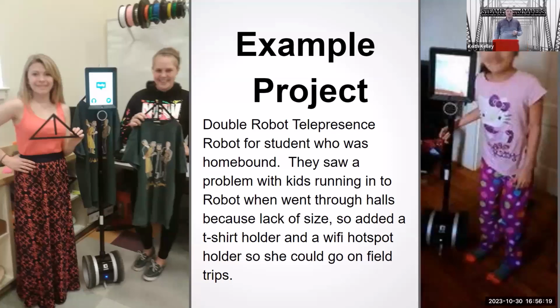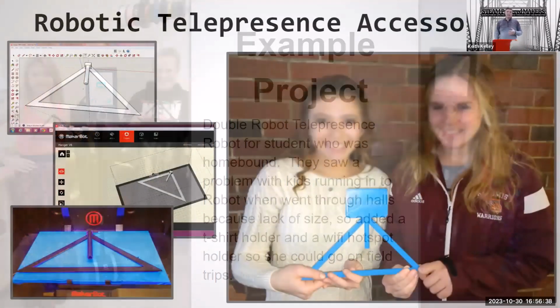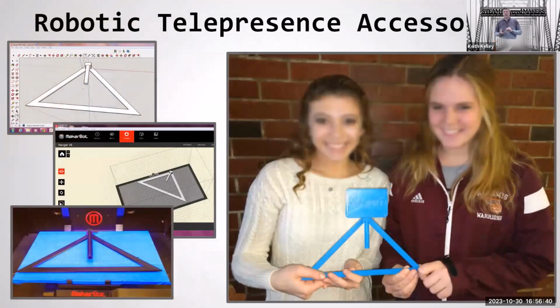It's going in the hall, so thin and narrow, and it's also kind of not personal. So they did some measurements and figured out how to make a triangle piece that sits on the holder and could hold a t-shirt to give it some personality. Then they added some pieces, like a unit so you could put a phone in it that would give it a Wi-Fi signal, so she could actually go on field trips with us.